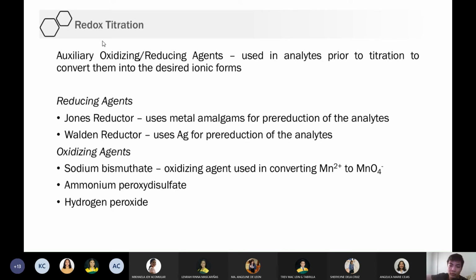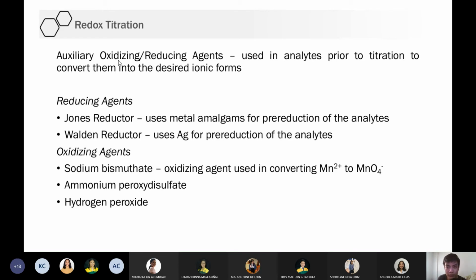And that is the reason why kinakalawang din yung bakal natin. So the oxygen in the air and the oxygen in the water provides a good environment for the redox reaction to happen. Yun yung reason ba't kinakalawang yung bakal natin sa bahay. So sa titration ng redox, as much as possible, you don't want the air to interfere with your titration.